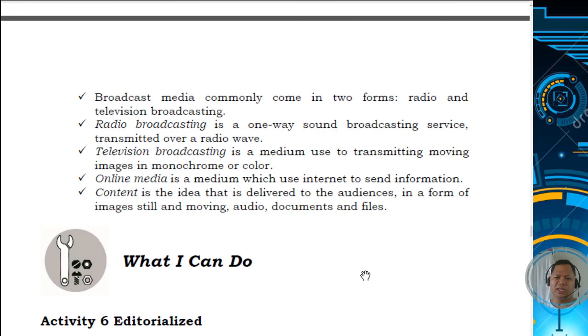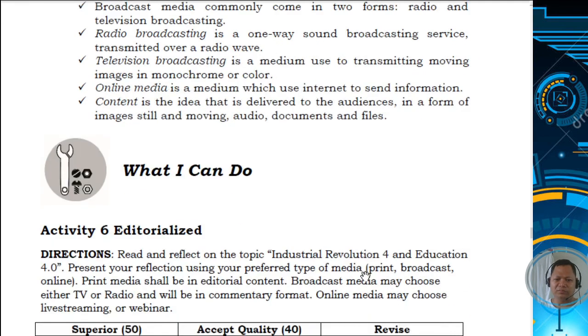Broadcast media commonly come in two forms, radio and television broadcasting. Radio broadcasting is a one-way sound broadcasting service transmitted over a radio wave. Television broadcasting is a medium used for transmitting moving images in a monochrome television. Online media is media which uses the internet to send information. Then content is the idea that is delivered to the audiences. It is a form of images, still and moving, audio, documents, and files.